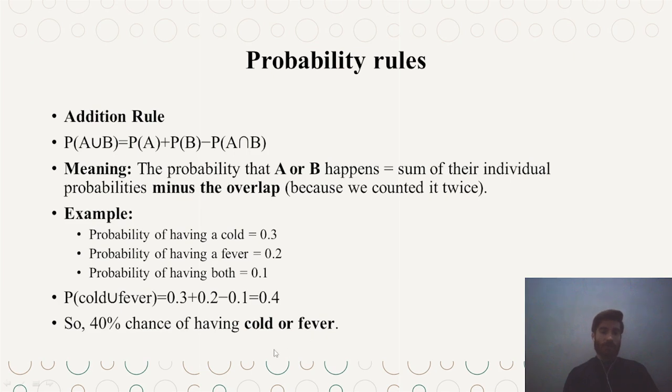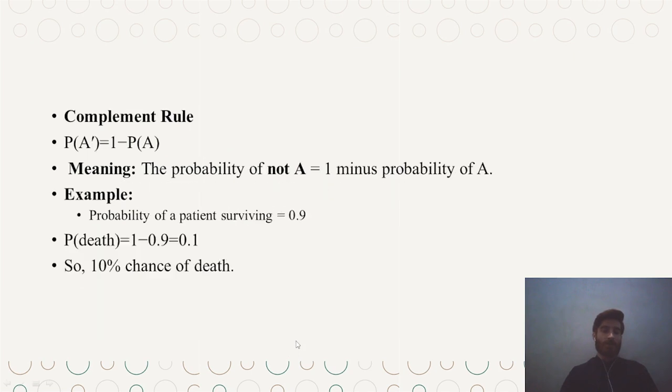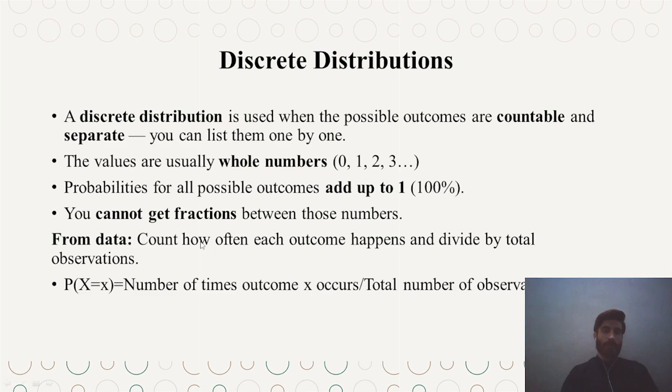It will not give these two, cold and fever, in the same patient. In the complement rule, if the probability of A is known, then the probability of not A is 1 minus probability of A. For example, the probability of patient surviving is 0.9. So what will be the probability of death? It will be 0.1.